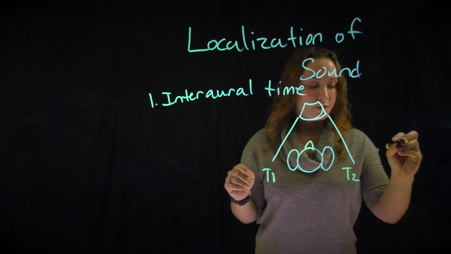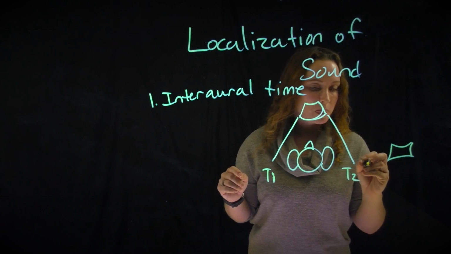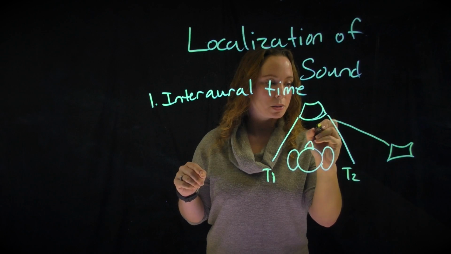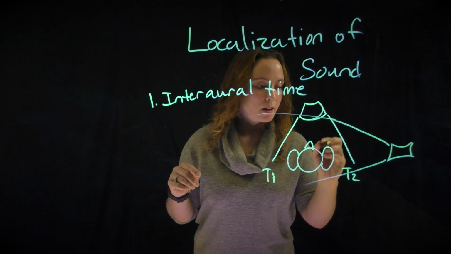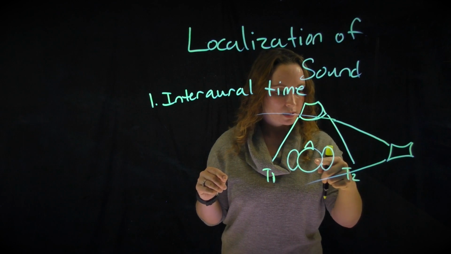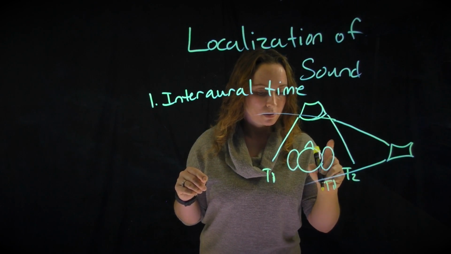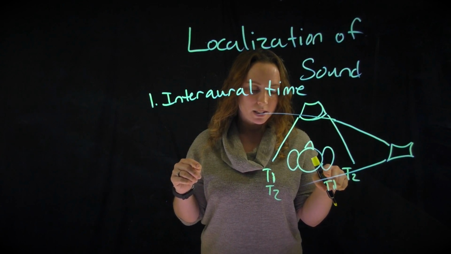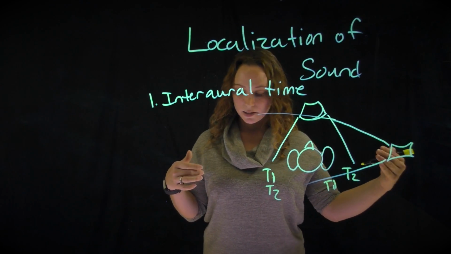However, if the speaker is to the side of the head, look what happens. So I have the sound coming this way, and I have the sound coming this way. But now, time one for this ear will be sooner than time one for this ear because the speaker is localized off to the side.